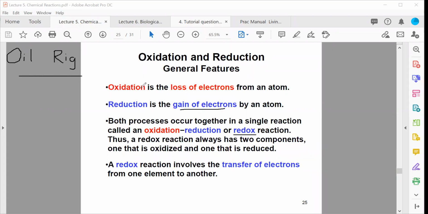Okay, so a really good one to remember, OIL RIG. And it's always great when I see students actually writing that on their exam paper, OIL RIG. It's a great way to remember. All right, so both of these processes occur together in a single reaction called an oxidation reduction, or simply redox reaction. So this type of chemical reaction always has two components, one component that becomes oxidized and one component that is reduced. So a redox reaction involves the transfer of electrons from one element to another.